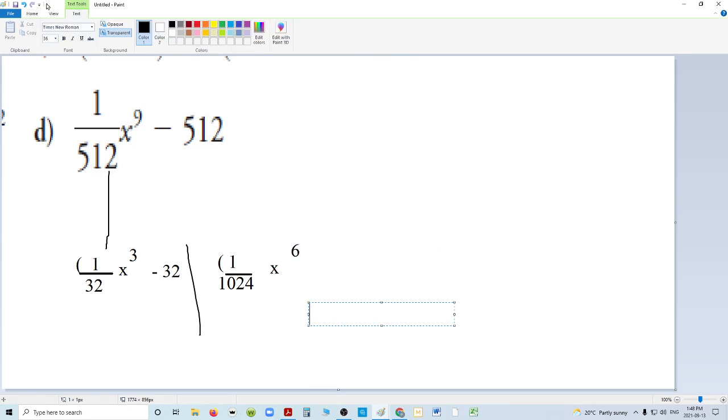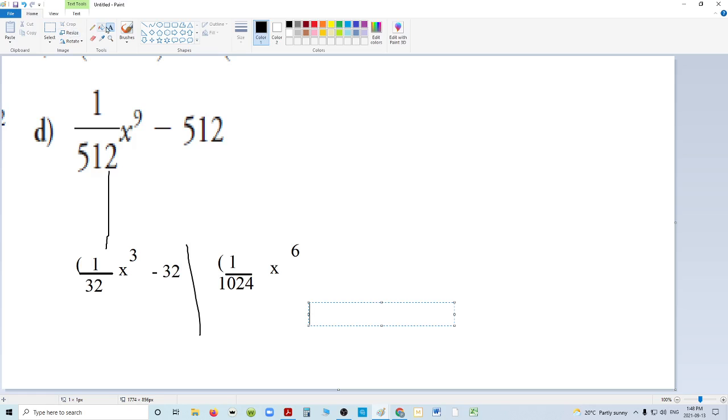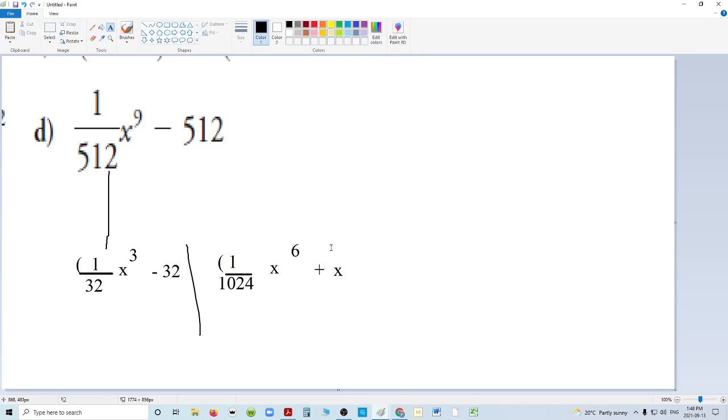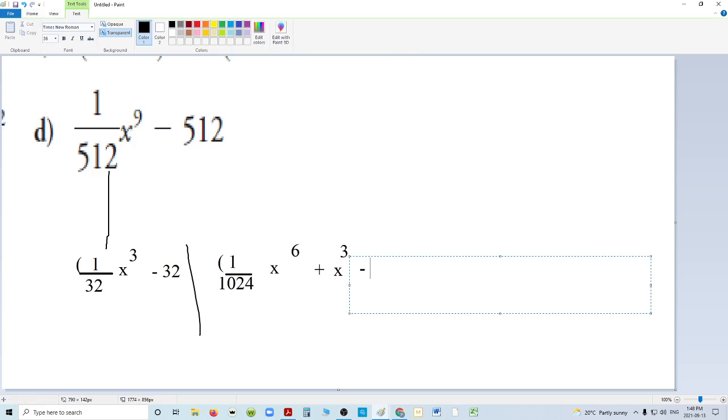The next terms, the 32's cancel out, and I'm left with a plus, because even if they cancel out, it's still got to be a plus symbol, x cubed. That's what happens when you multiply those two terms together. And then the last term I'm left with is minus 1, or plus 1024. And so let's just see if we got it.